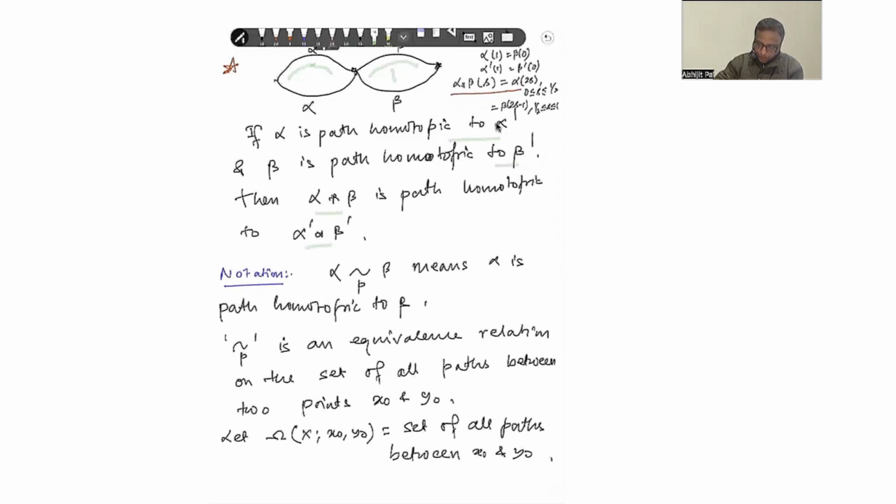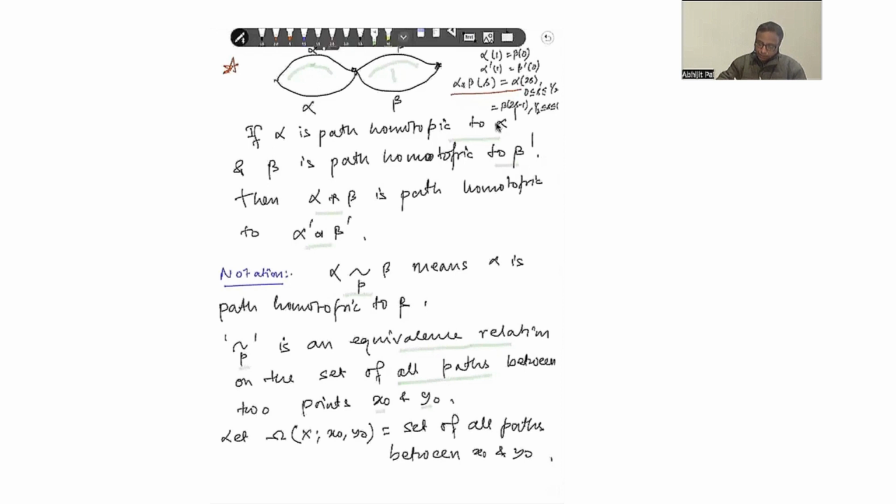This notation means that alpha related to beta means that alpha is path homotopic to beta. One can check that this relation is an equivalence relation on the set of all paths between two points x0 and y0.